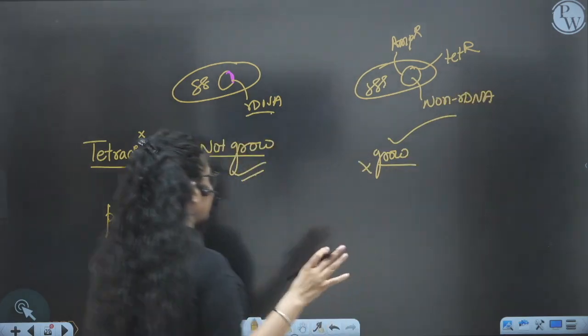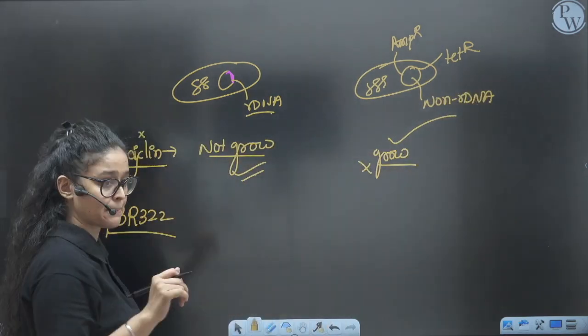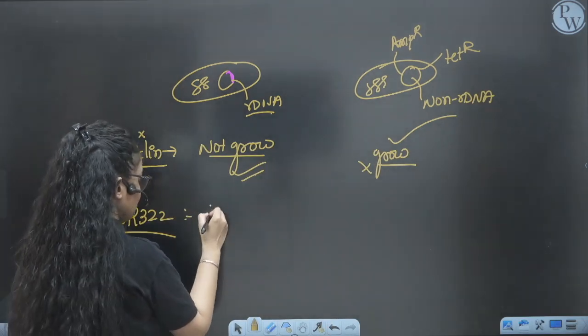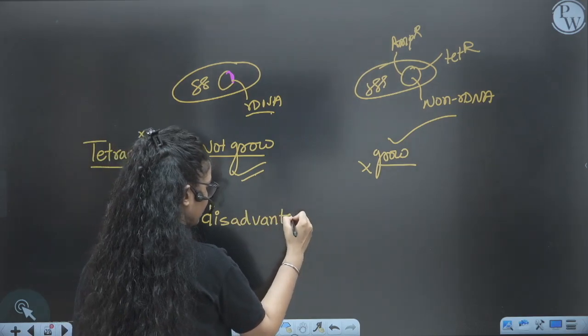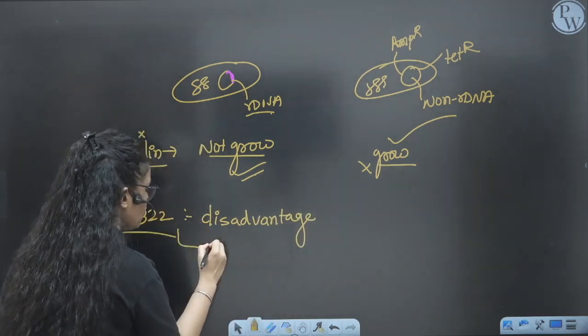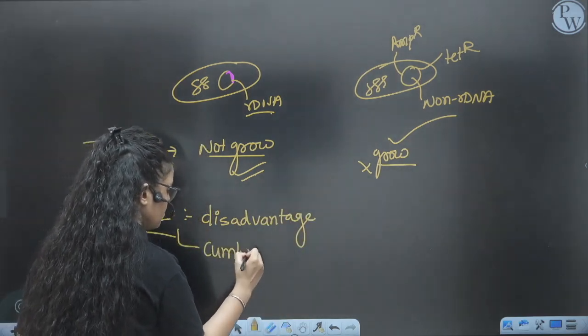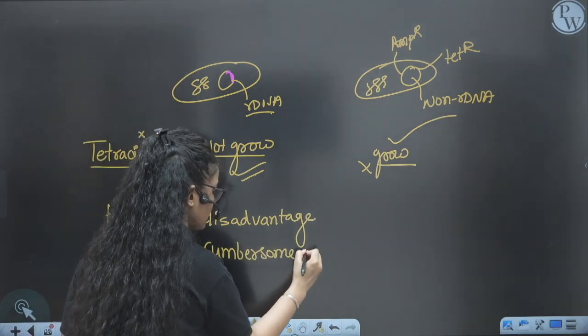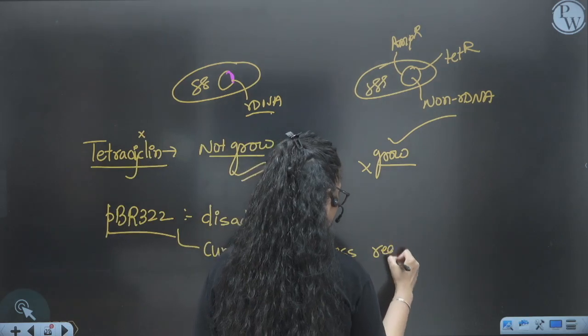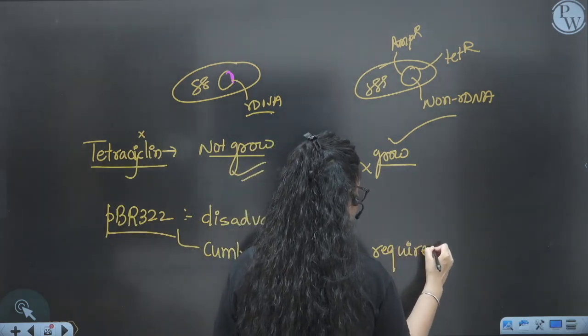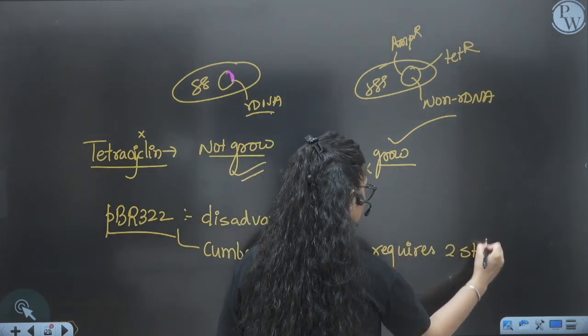It is hectic and requires two steps. So this has some disadvantage. It is a cumbersome, very laborious process that requires two steps.